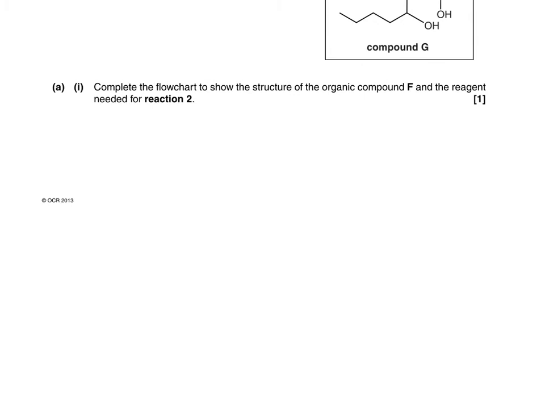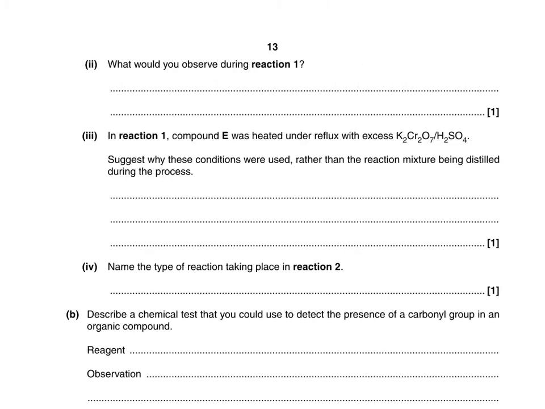So that's us completed the flowchart. On to the next question. So reaction 1 was with the sodium dichromate. It's asking you for the colour change when it's oxidised, and you should remember this by now. We've done it a lot of times. It's orange to green.